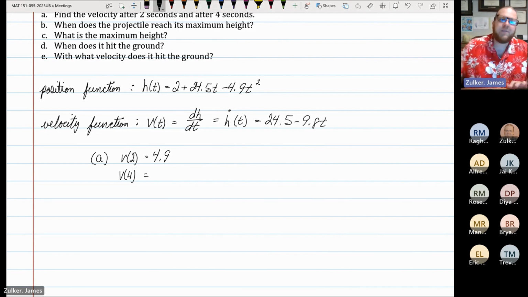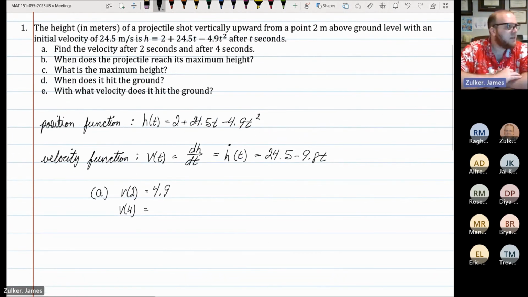And so what would the units of velocity be? Meters per second.